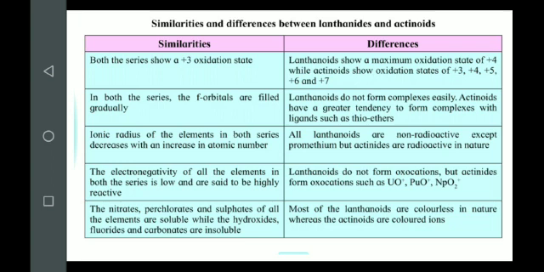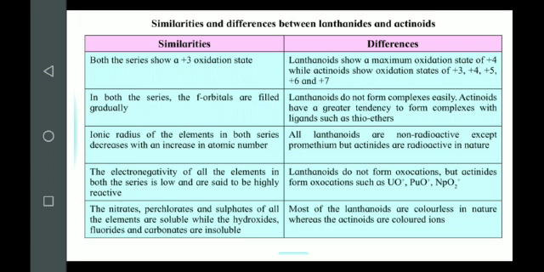It means that both lanthanoids and actinoids can form compounds of nitrates, perchlorates, sulfates, hydroxides, fluorides and carbonates. Out of these, for lanthanoids as well as for actinoids, some are soluble and some are insoluble.